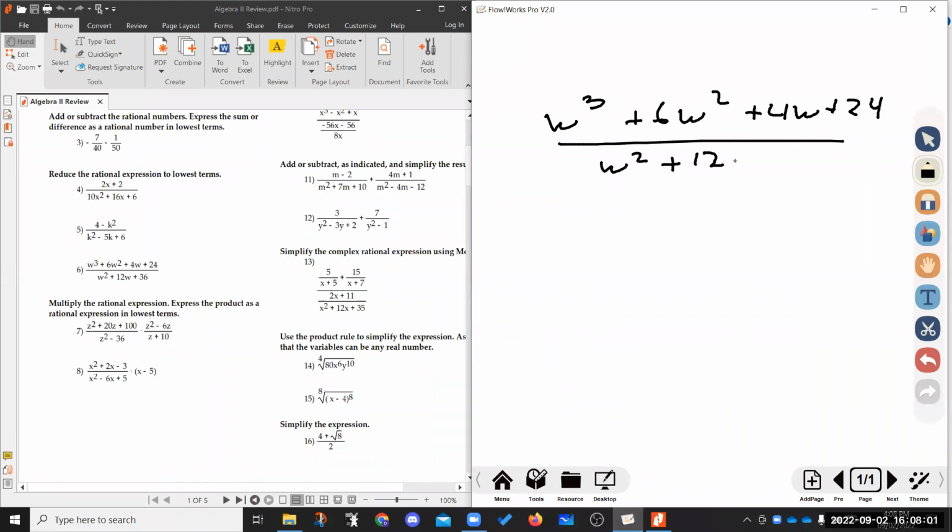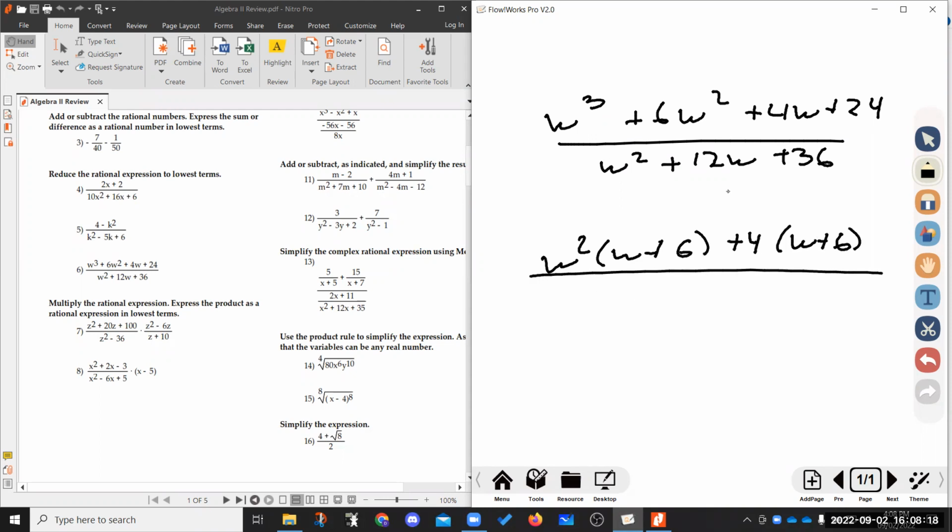We use our factor by grouping technique that we talked about in the last video on this numerator that's 4 or more terms. This is a perfect square trinomial on the bottom, so it is the same factor times itself.